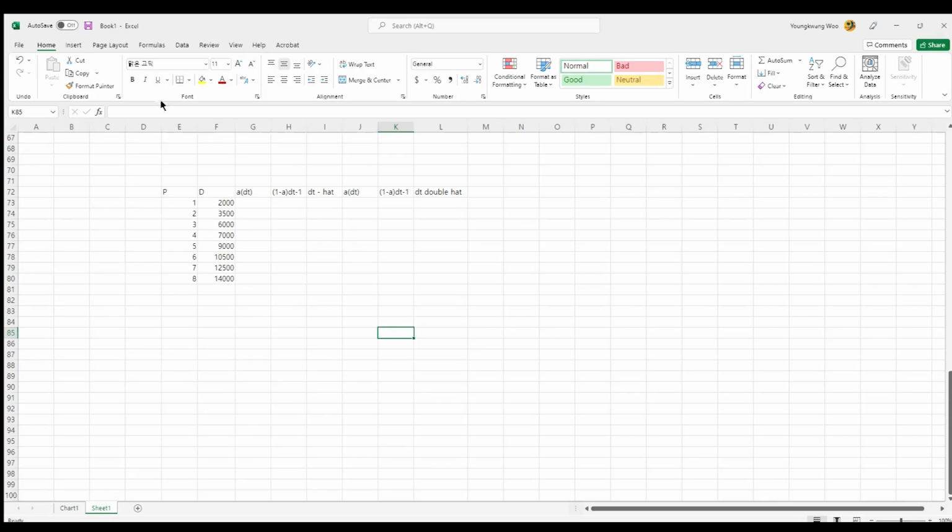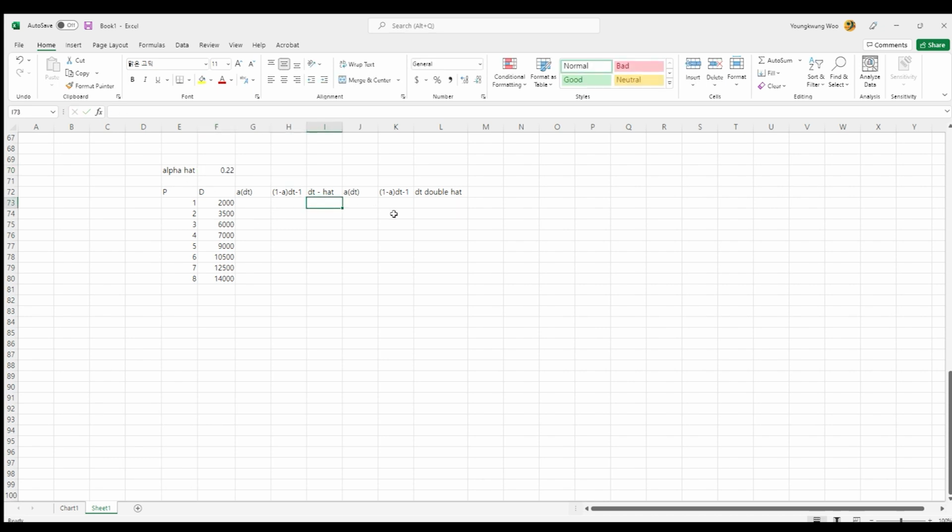Okay, so I constructed some data into the Excel. So what we need is we need the alpha hat, which was 0.22.